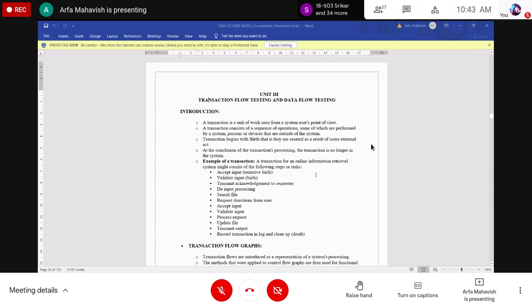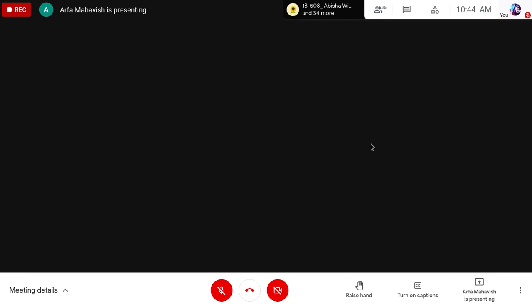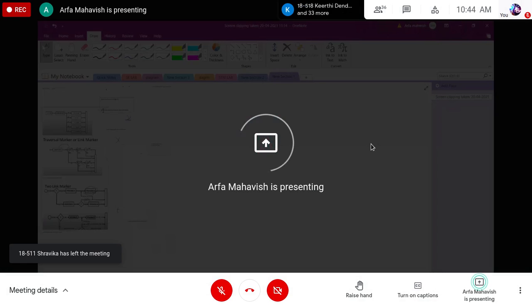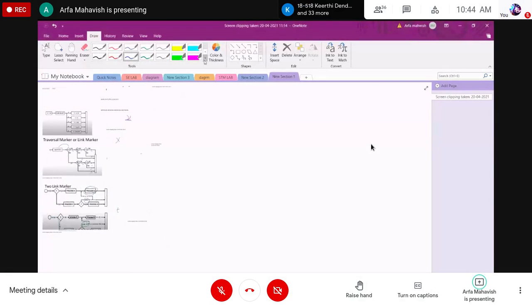Transaction flow is a representation of function. Our main topic is transaction flow.